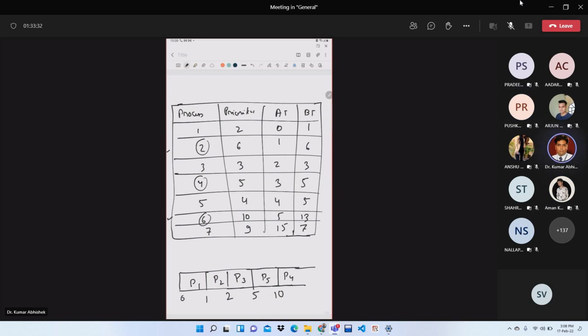Now at 15 P4 is also out. So what do we have? P2, P6 and P7. After P4, who will execute? P2, till 20, 5 remaining. At 20, P2 is also gone. Now remain P6 and P7.